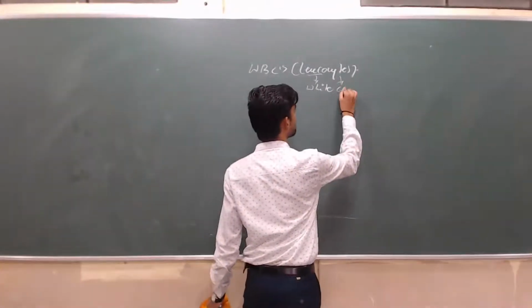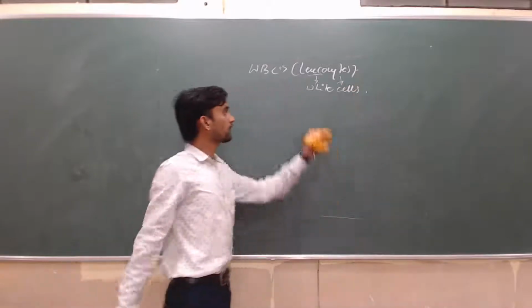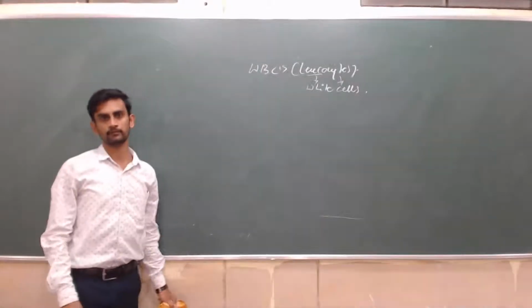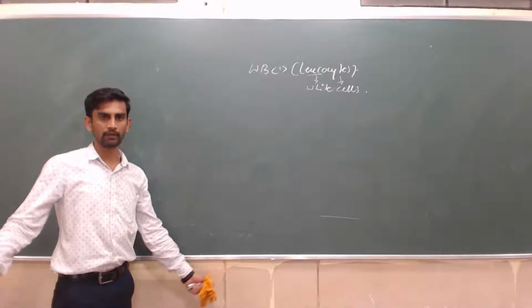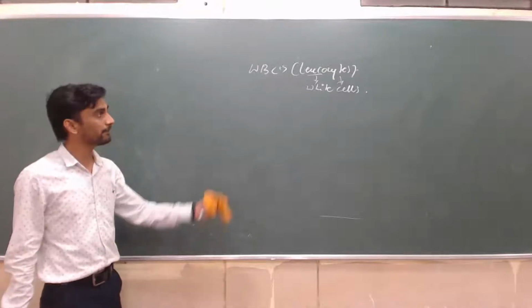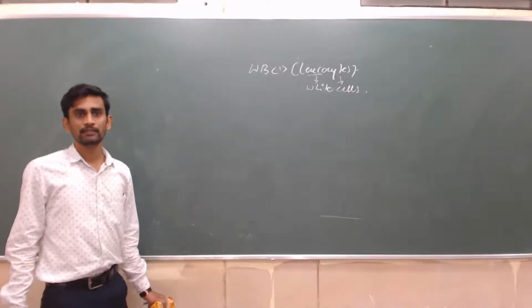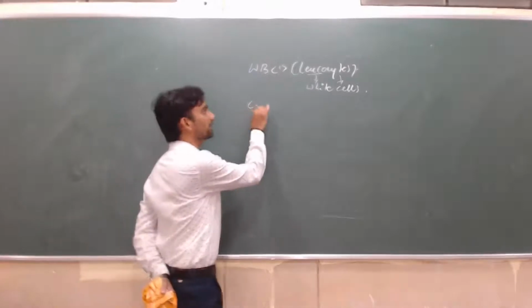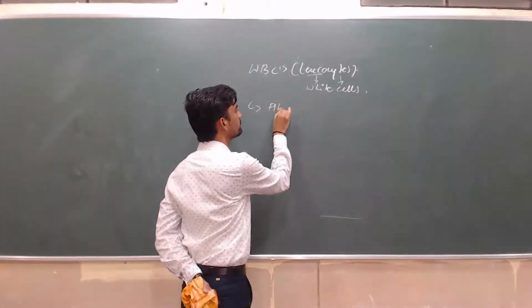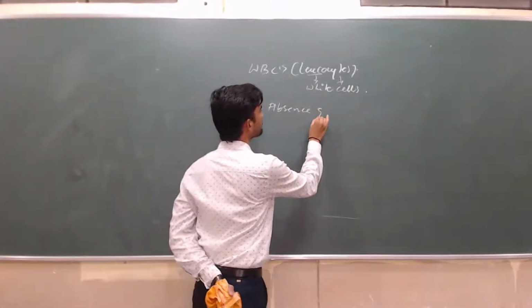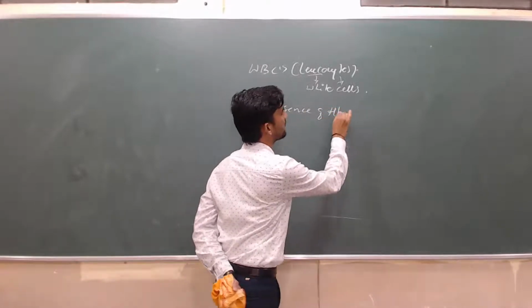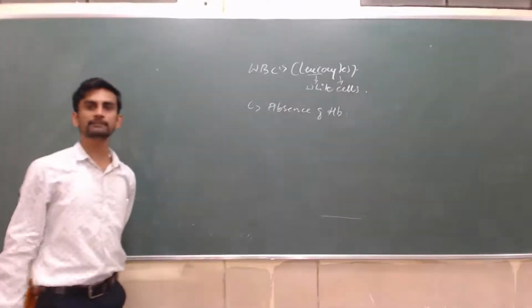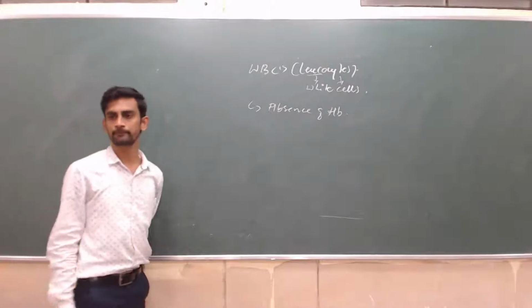Cytos means cells. That's why we call them white cells. WBCs are white only, na? Colorless only. Why? Because what is not there here? The absence of the respiratory pigment called hemoglobin. Hemoglobin is not there. That's understood.